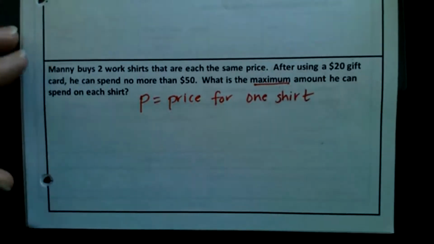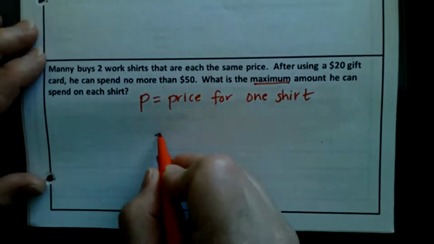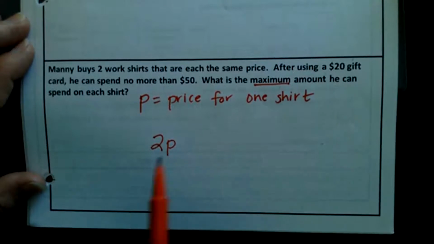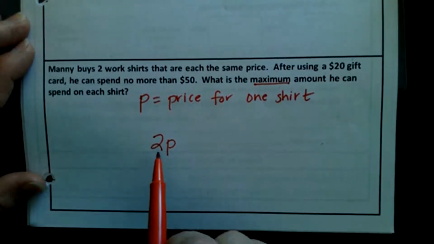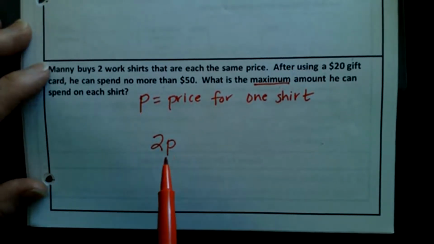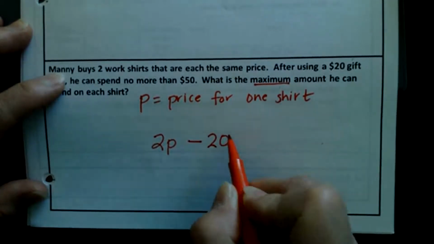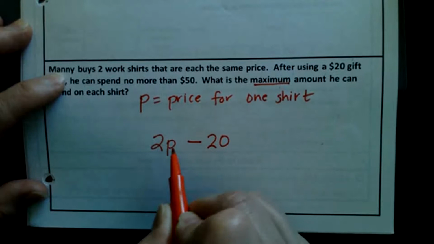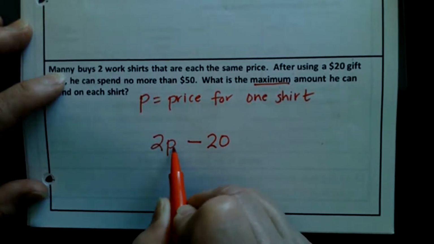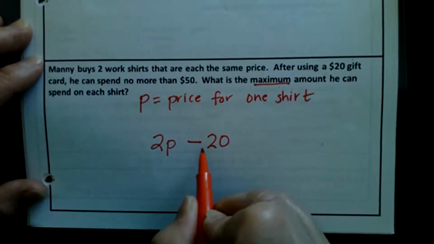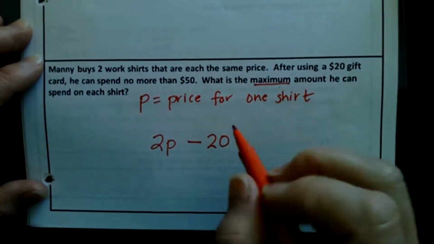Okay, but I know he's buying 2 shirts. So that's 2P, okay? And then it says after using the $20 gift card. So I'm going to take the 2P and I'm going to take away the $20 gift card. So this is the price of 1 shirt, but I multiply it times 2. That's the price of 2 shirts. I'm going to take away the $20 gift card.